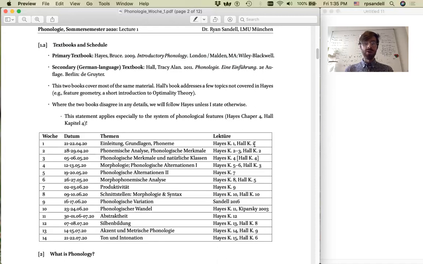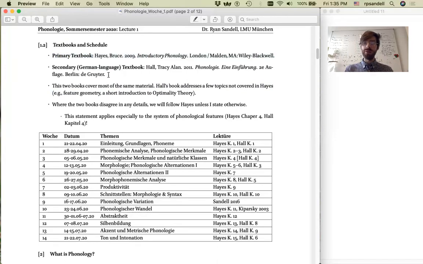I've more or less chosen parallel chapters from Hall's book and Hayes' book, which you can compare with one another. I'd say that the two books essentially cover most of the same material, though Hall's book does go into a few topics that aren't addressed whatsoever in Hayes' book. Important to note here, you should be reading everything from Hayes.